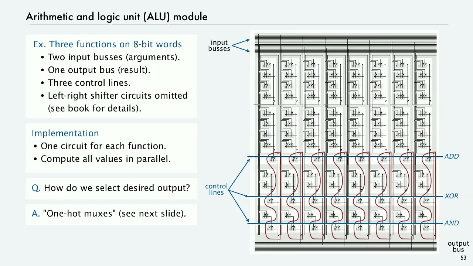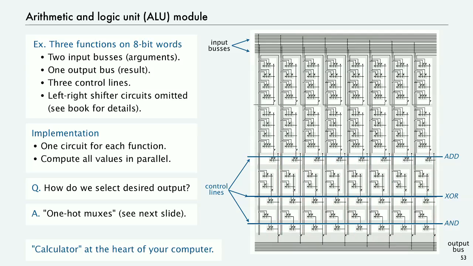The purpose of that is to select the proper result and carry it down to the output bus. So this is the full design of the calculator that sits at the heart of the computer, and we can check off a very significant module within the computer, and we'll have a couple more to do next time.